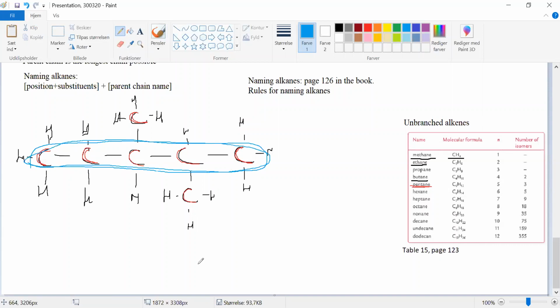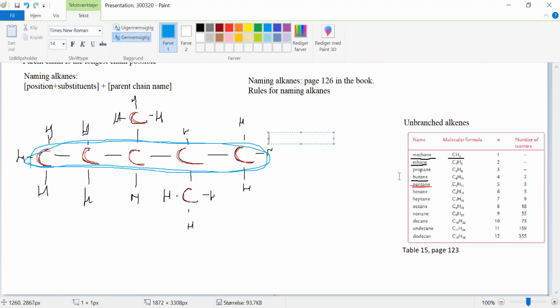It could also have been this part here, but it's always easier to take the horizontal longest chain possible. So if we were to name the corresponding straight chain alkane, it would be 1, 2, 3, 4, 5 carbons. So it's a pentane.